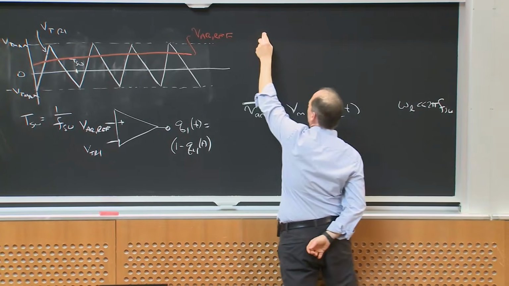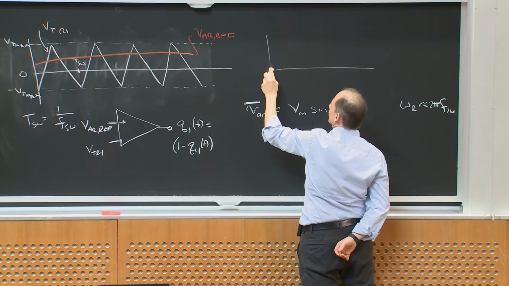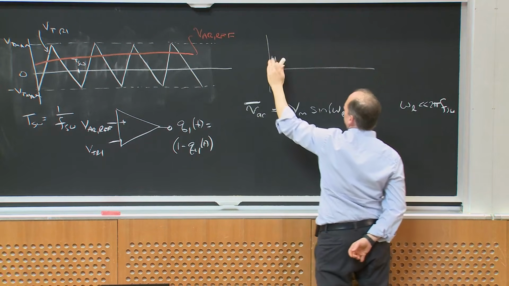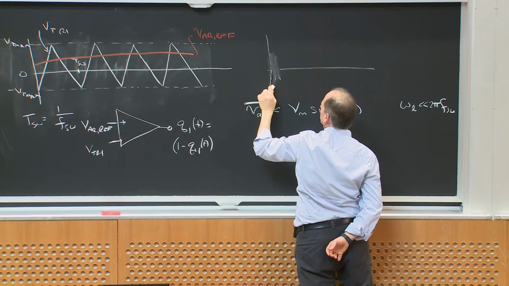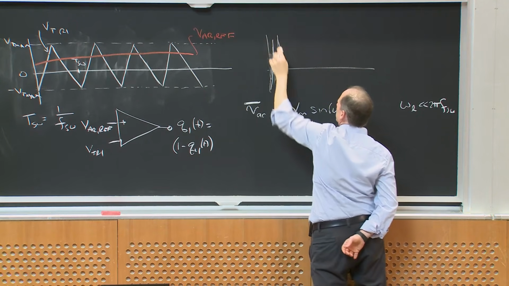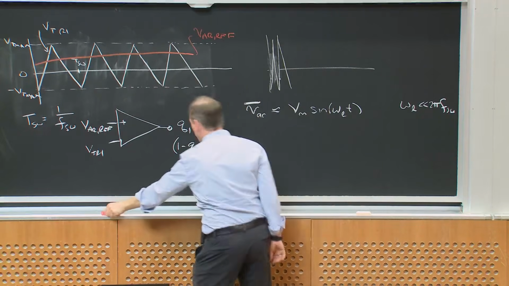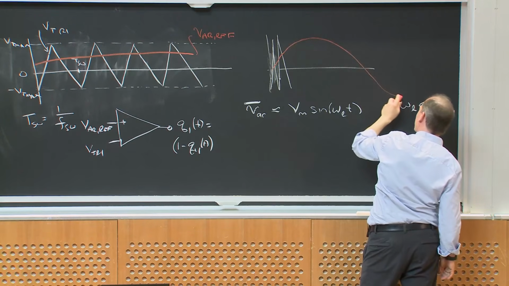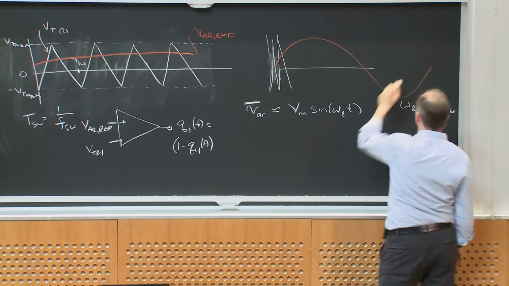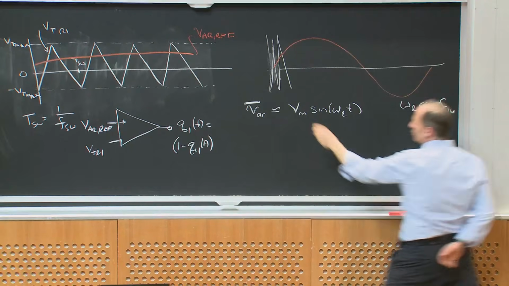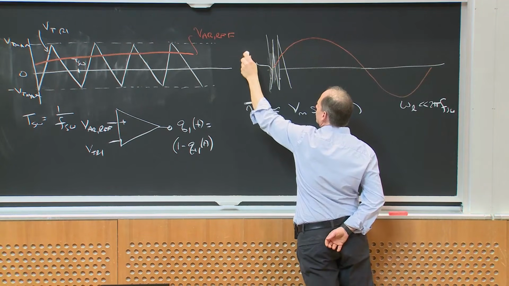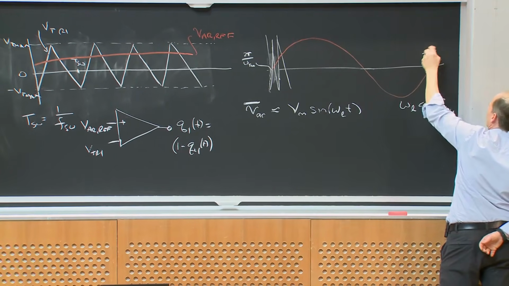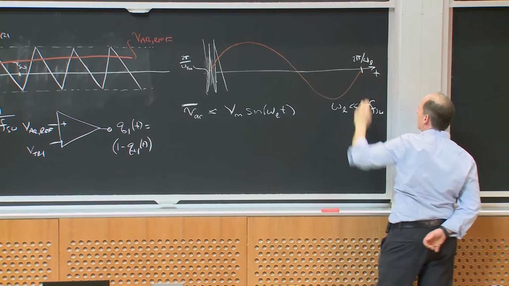So what I'm saying is, I have some triangle wave like this. Maybe I'll draw it bigger. This is my PWM waveform, and I'm trying to generate a sine wave where maybe there are 100 switching cycles or so per line cycle, right? So this is 2 pi over omega switch, and this is 2 pi over omega line versus time. Does that make sense to everybody?